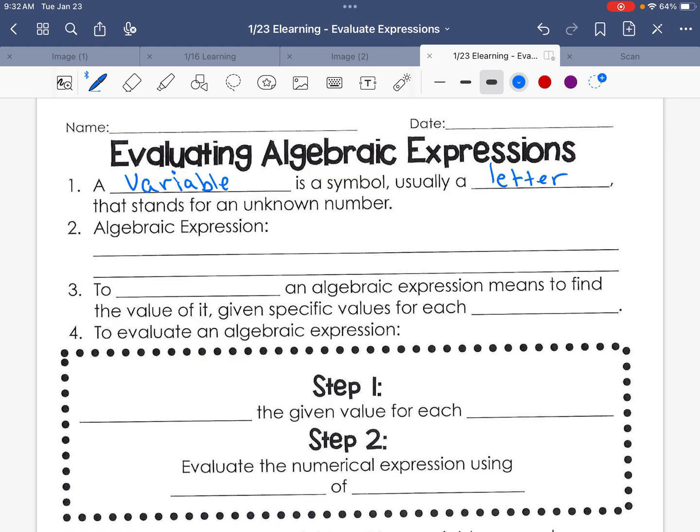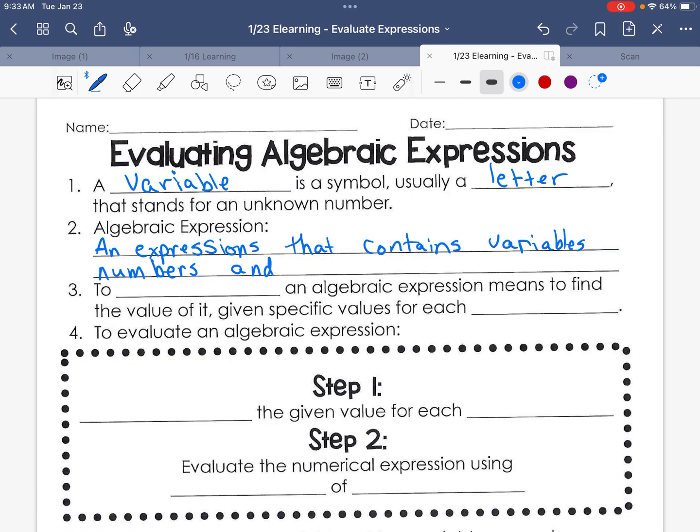When we write an algebraic expression, it is an expression that contains variables, numbers, and operations.